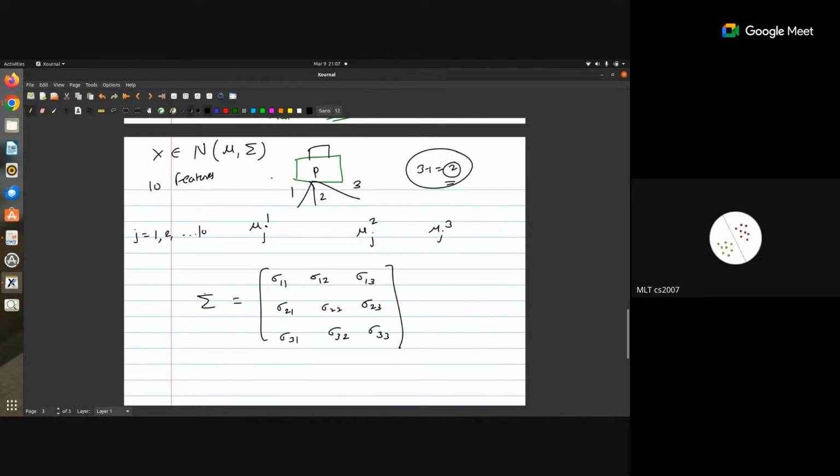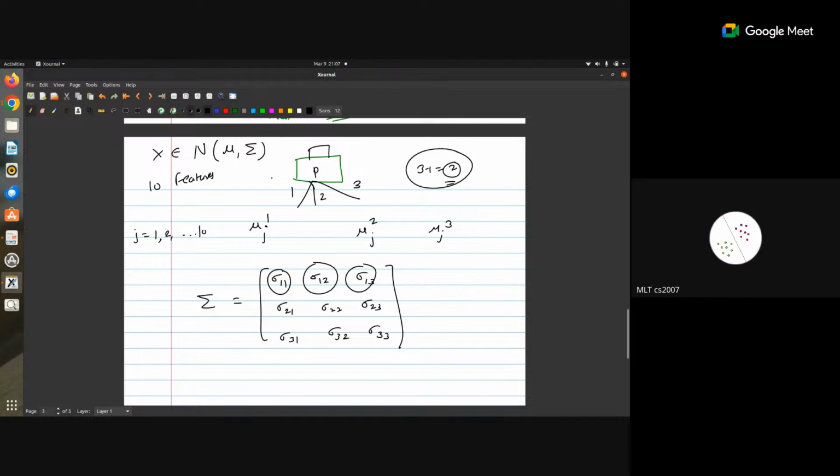If this is a matrix, how do we read it? This is the variance of the first feature, so basically it should be sigma square. We are just thinking about the standard deviation here, but that's fine. And this is the covariance of the first feature and the second feature, and this is the covariance between the first and the third feature.